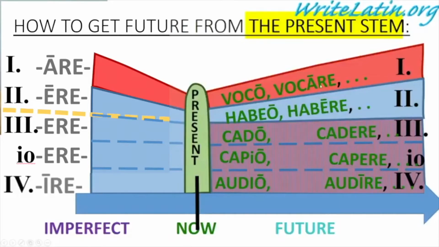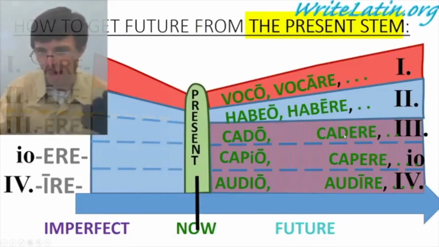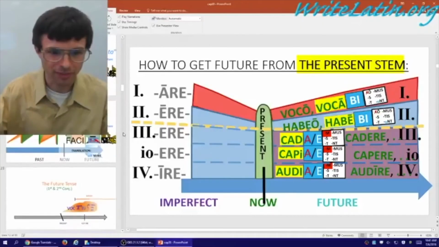So if you hear a dominant sounding verb with an A or an E in it, slide into the bo, bis, bit endings. But if you hear a subtle, slinky, nothing or an I sound, then try to mute yourself into the am, es, et future endings.